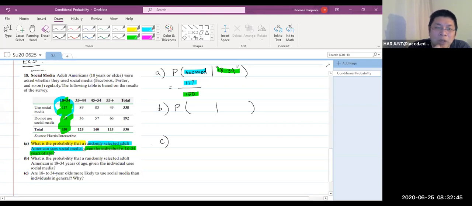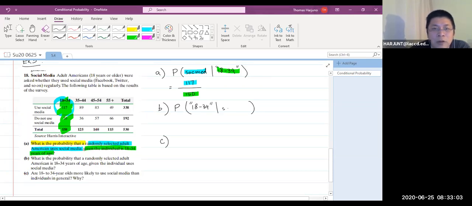Part B, what is the probability that a randomly selected adult American is 18 to 34 years of age, given the individual uses social media?